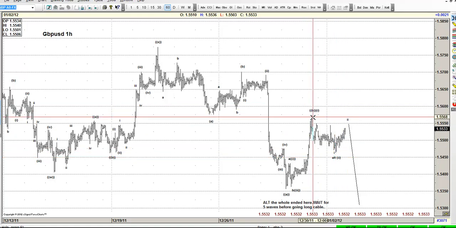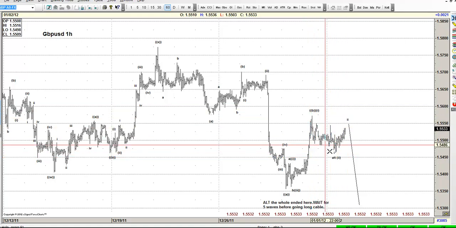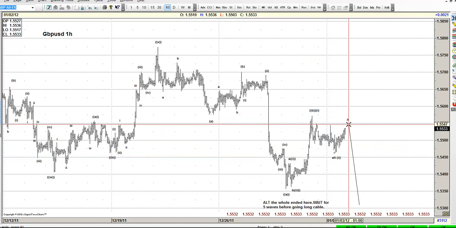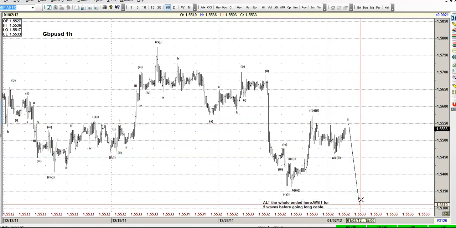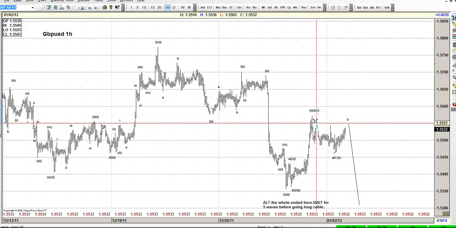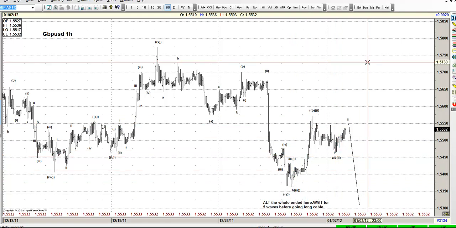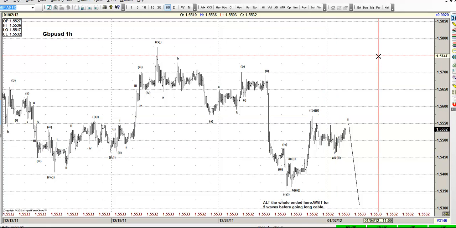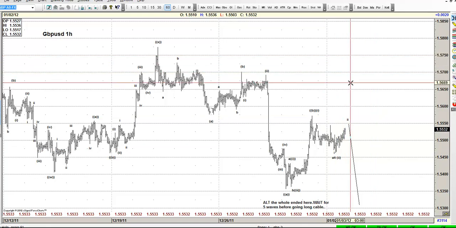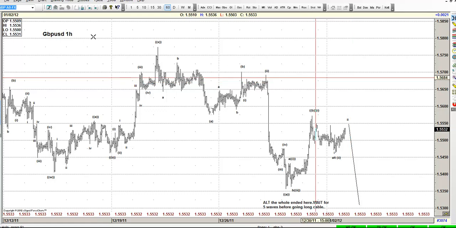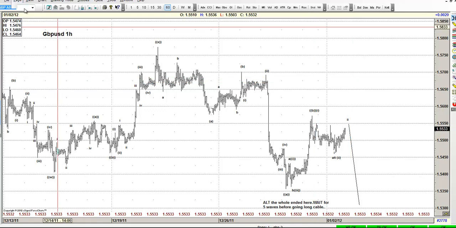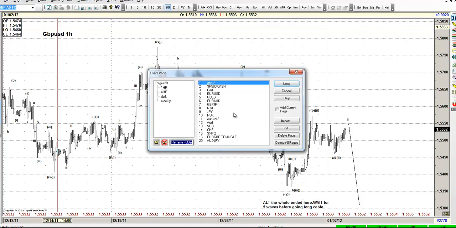Now, there is a chance that this decline becomes an irregular and we can get more downside, but also there is a chance that it's going to make a 5-wave swing to the upside or it's nesting. Like I say, it's a very tough market because the market is ending a cycle.